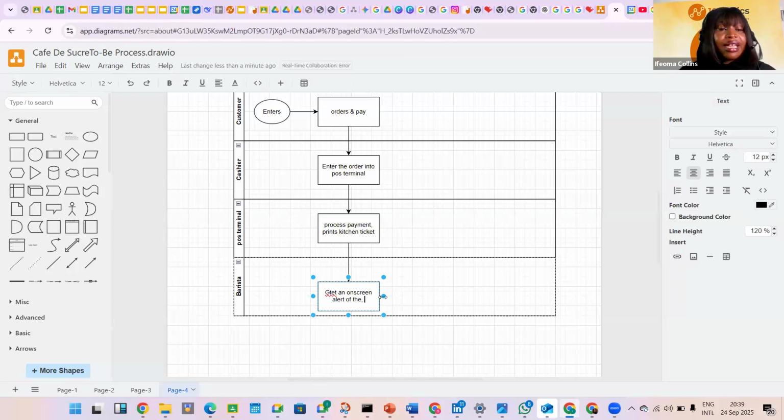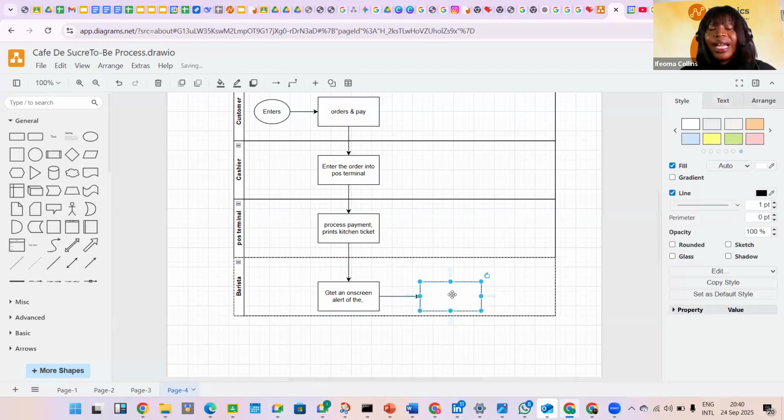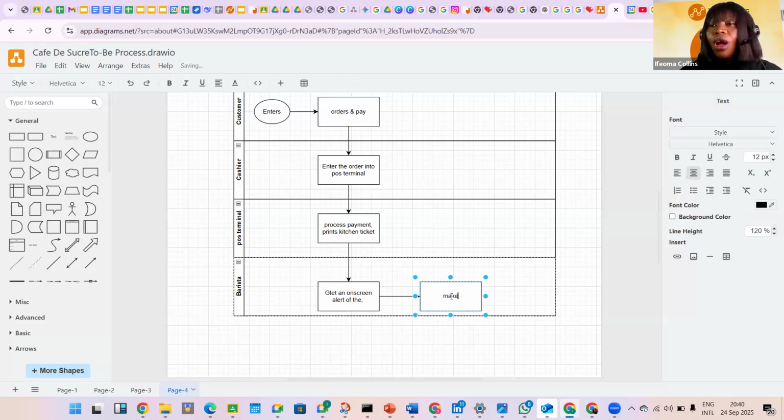So it gets the order, and the next thing he will do after he gets this order is he proceeds to make the drink, following the recipe standard.